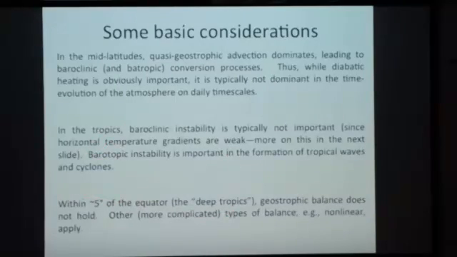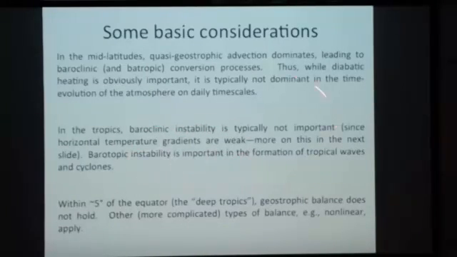In the tropics, things are quite different. So baroclinic instability, in a nutshell, is related to having strong temperature gradients. Baroclinic instability is typically not very important. I say this in the sense of large scale. You could have more local scale things where you might have locally large temperature gradients that are more important, but in the kind of largest scale sense, that's not important.